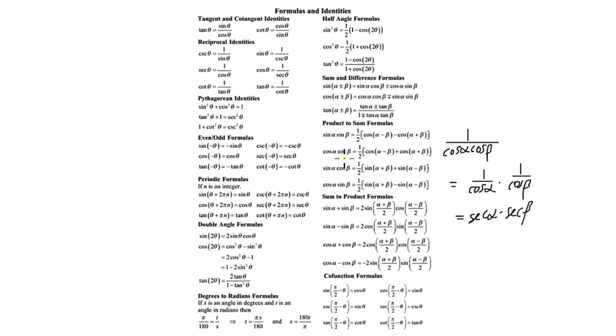Or maybe there's a product to sum formula that you can't get by taking the reciprocal or by dividing. It looks like you could get anything you want. You could take sine alpha times sine beta and divide that by cosine alpha times cosine beta, which you have here, and you get tangent alpha times tangent beta. Or you could take the reciprocal of that and get cotangent. But maybe you wanted sine alpha times tangent beta.